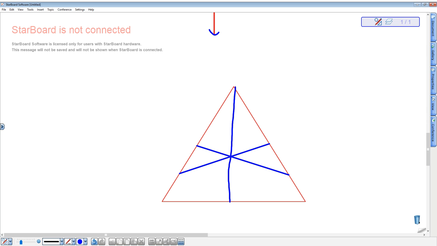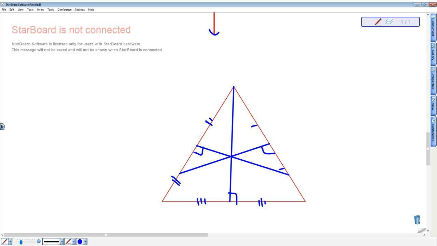You'll see that the only time my eyeballed line actually went through the median and hit the vertex was this one, but it doesn't necessarily have to hit the vertex. All you have to do is make sure there's 90 degrees and it splits the side in half. So 90 degrees splits this side in half. And once again, 90 degrees and splits this side in half.